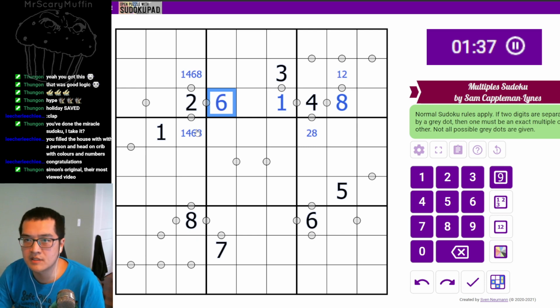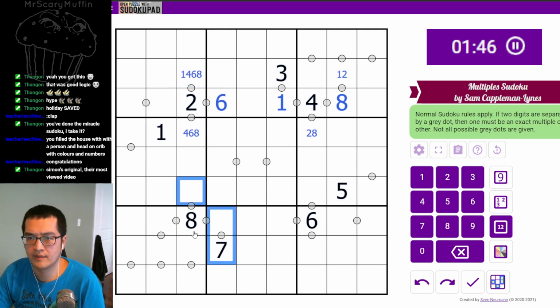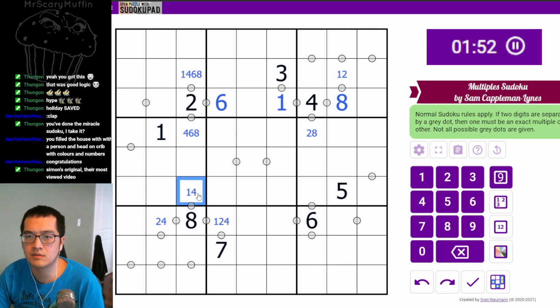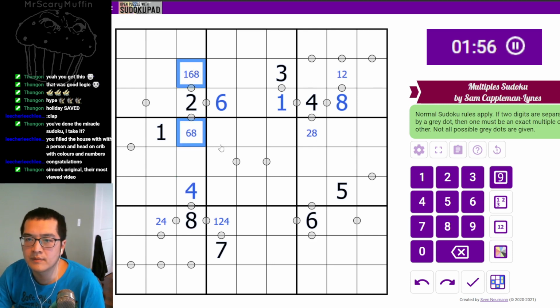This can only be a 6, that's the only one left. This cannot be a 1. This can be any of those numbers. 8s can be 1s, 2s, and 4s. Not a 1. Not a 2. Also not a 1, so that's a 4. That removes the 4s from here. Only 1 works with the 7.